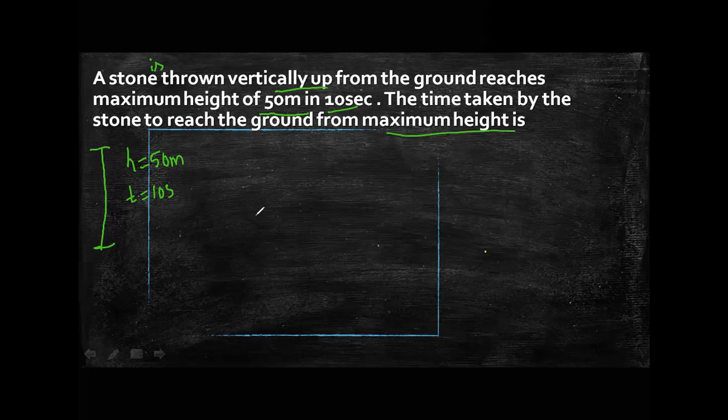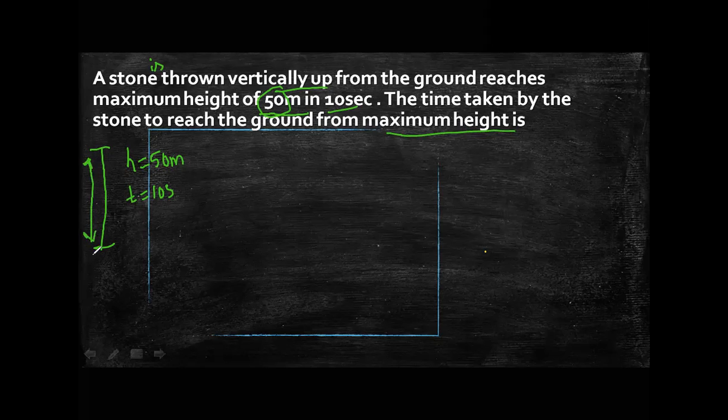Without looking, you can answer it. A stone is thrown vertically up from the ground and reaches the maximum height of 50 meters. The time taken by the stone to reach the ground from the maximum height. Did you understand the problem? No, listen first.